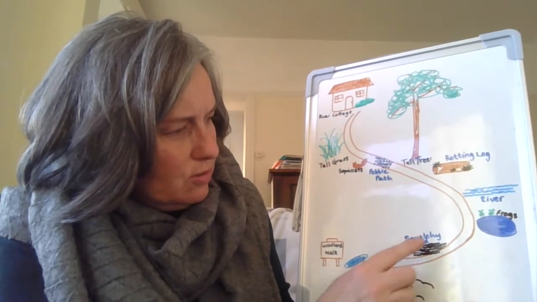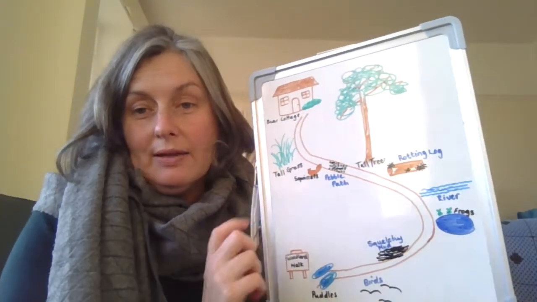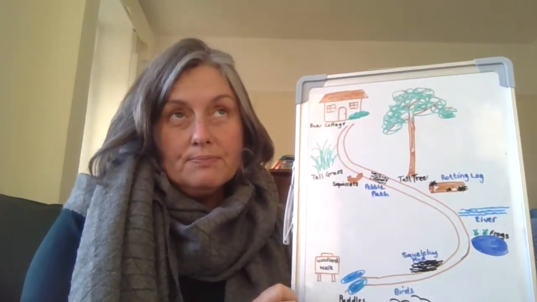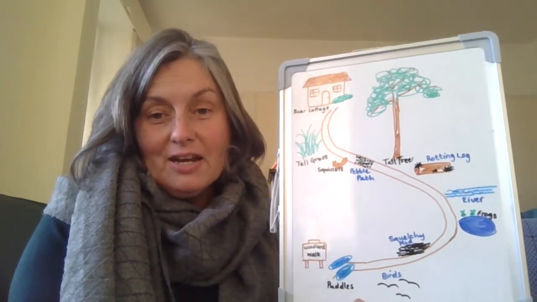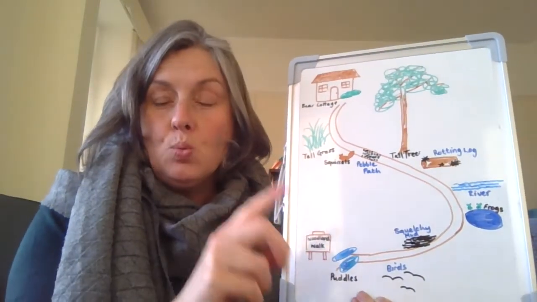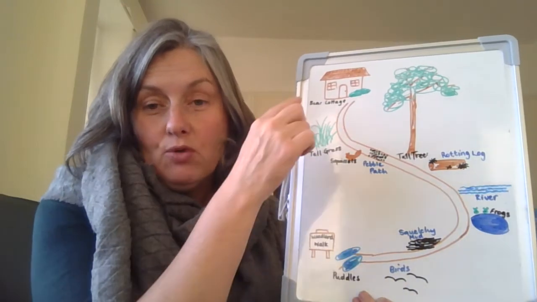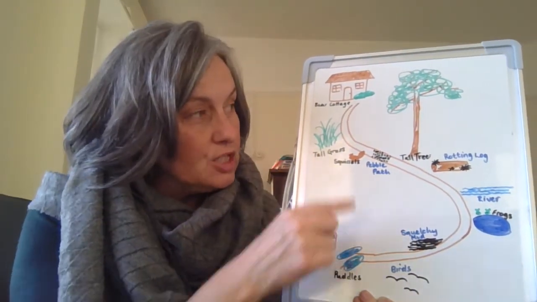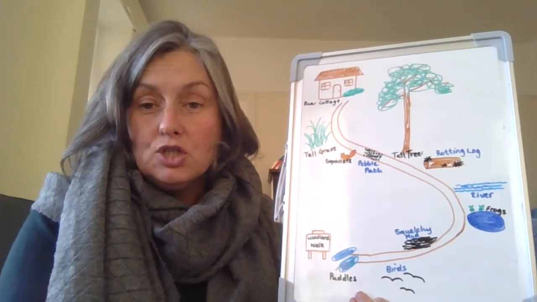So this would be 10 groups of 3, which would be enough for a class of 30, wouldn't it? So I'm going to ask each one of those groups to come up with some sounds for each of these things. I will allocate one of these to each group.